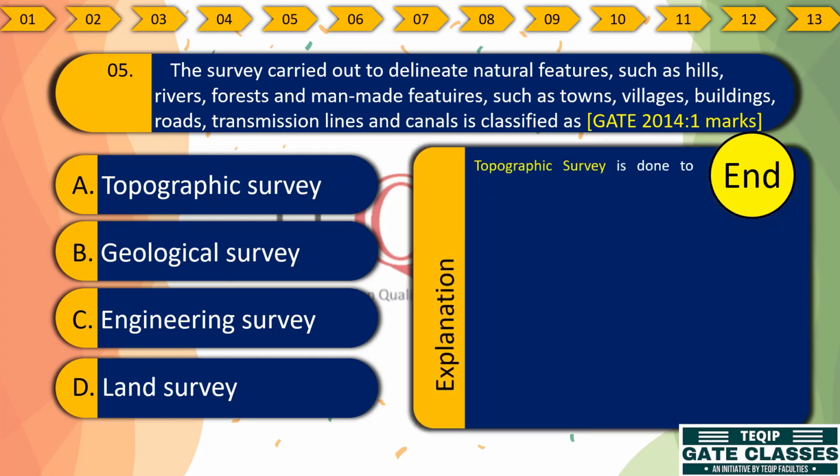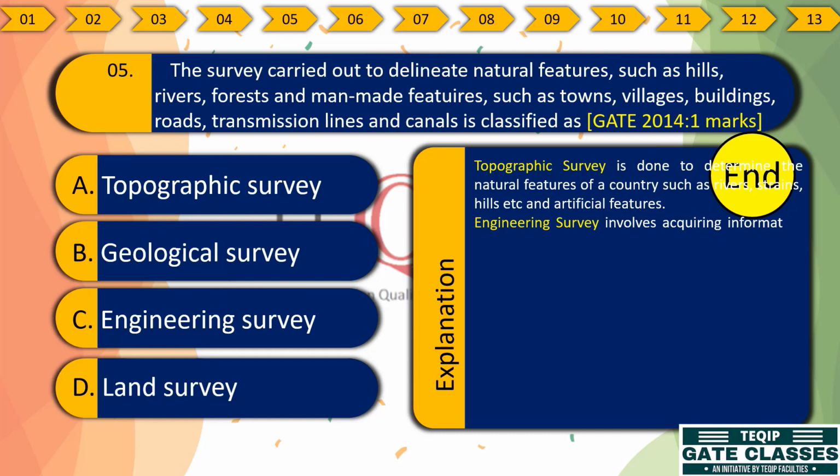Topographic survey is done to determine the natural features of a country such as rivers, terrain, hills, etc. and artificial features. Now come to the engineering survey.